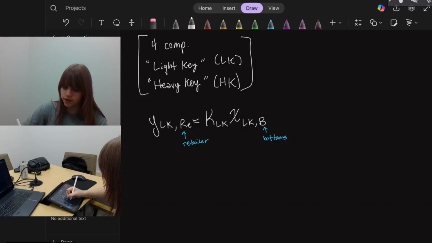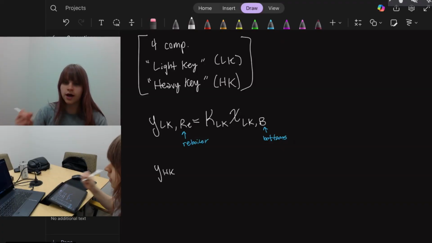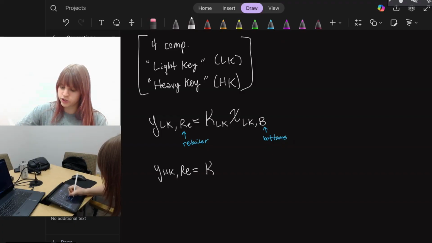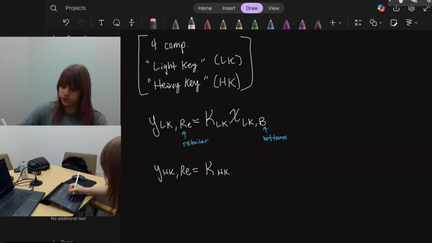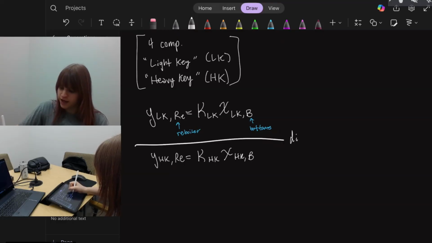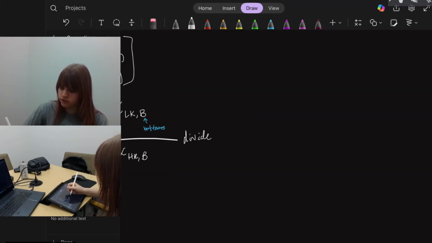And we can write a similar equation, but for the heavy key. So we have our partition coefficient of the heavy key times the liquid composition of the heavy key in the bottoms. And what we want to do is divide those 2 equations.